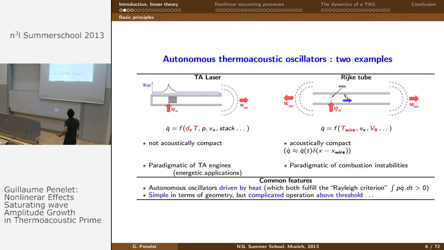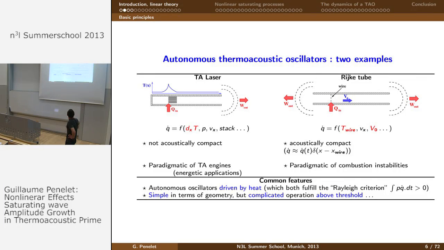Okay, so here are 2 famous examples of autonomous oscillators driven by heat, which are the so-called thermoacoustic laser, which will be the core of this presentation, and also the Rijke tube. These 2 devices look very similar, but actually they are different in many aspects.